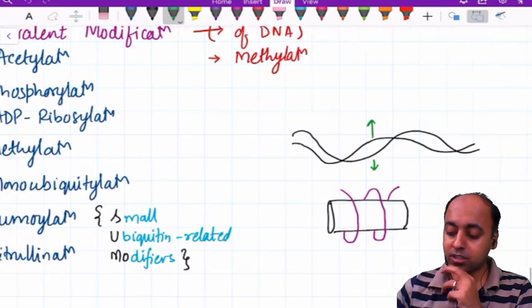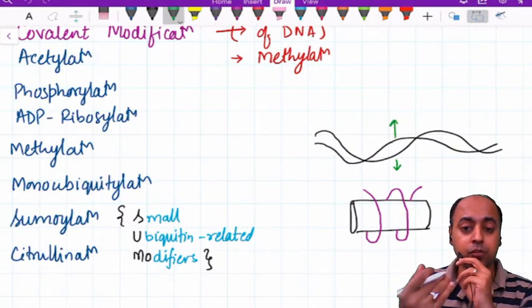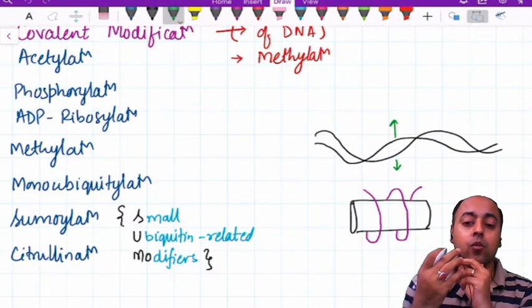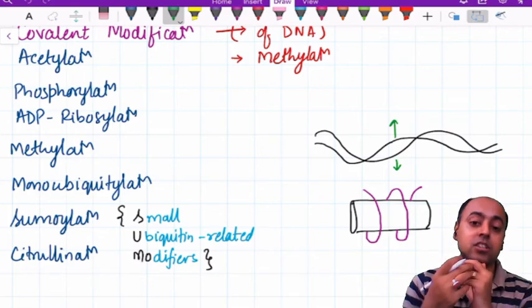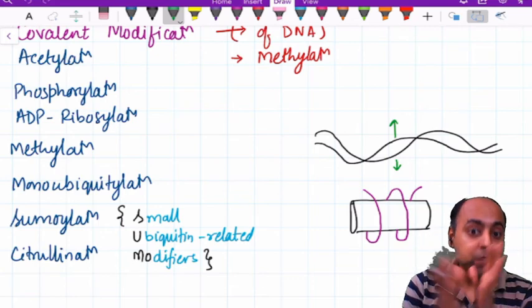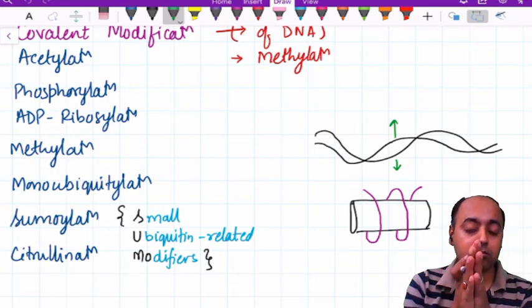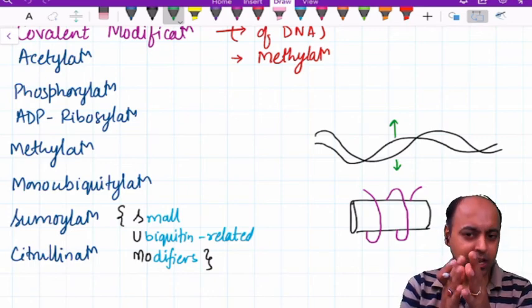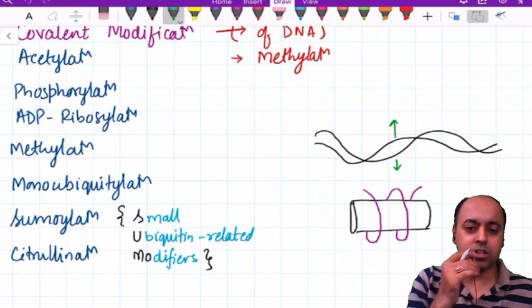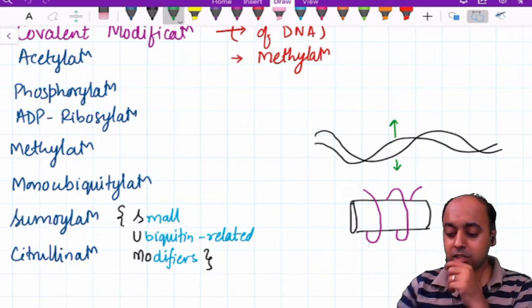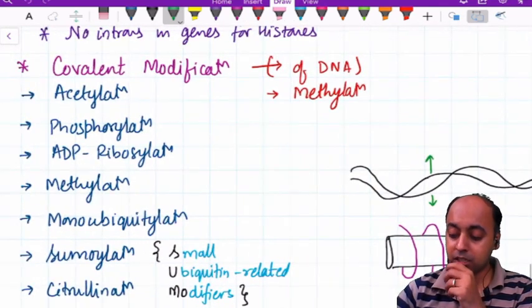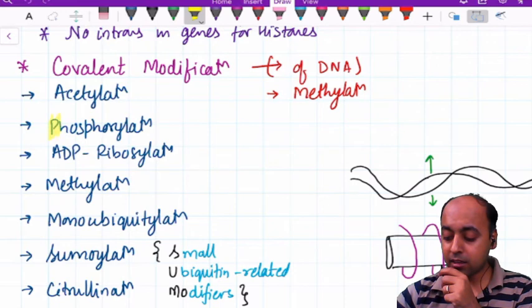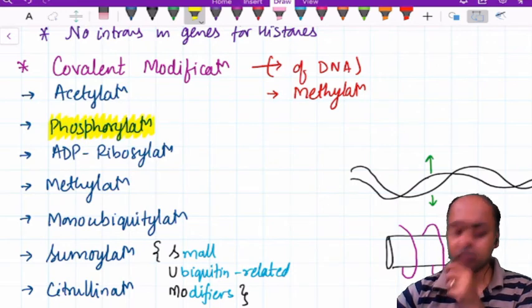So separation from the histone will depend on the degree of attraction. If the segment of histone where the DNA is attached is very basic, then the attachment will be very strong. If the degree of basic nature is less, then the attachment will be weaker and separation can occur more easily. In other words, the replication, transcription can occur more easily. Now imagine there is a protein which is basic in nature, and now you add the acidic group phosphate on it.